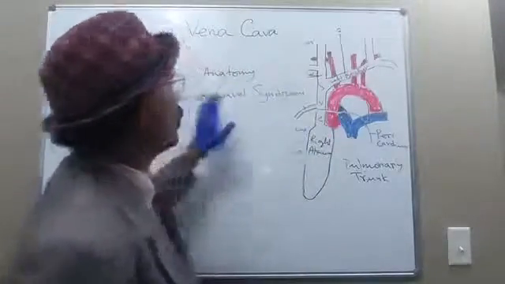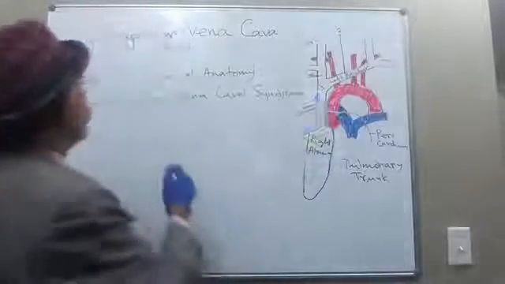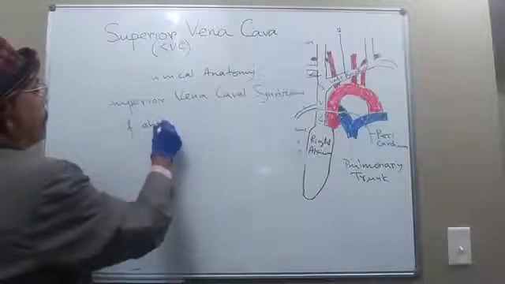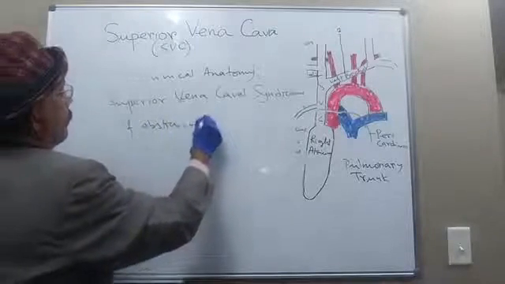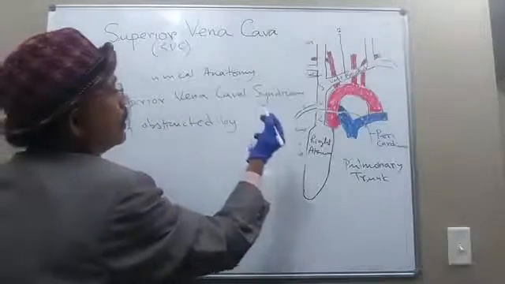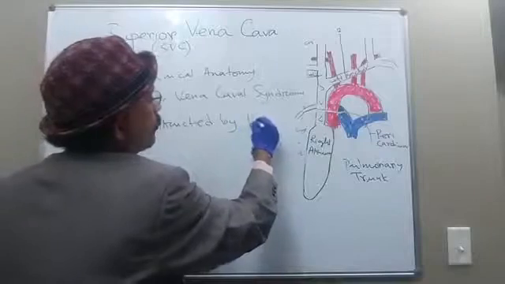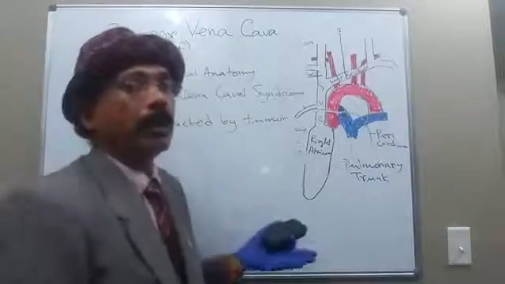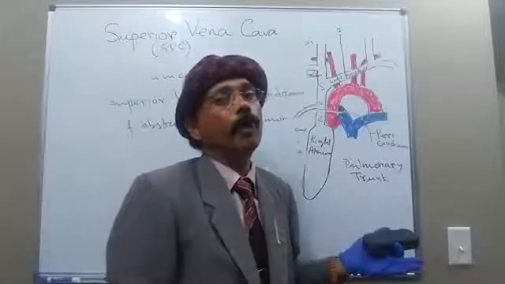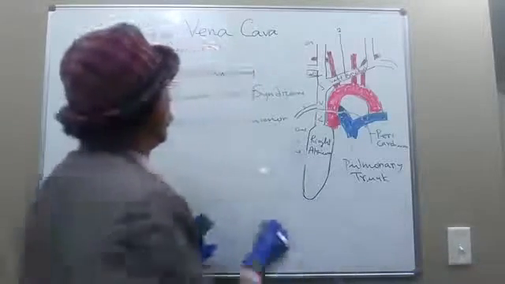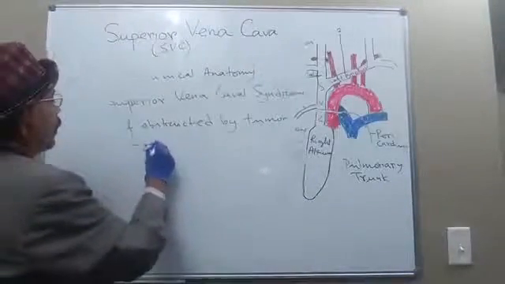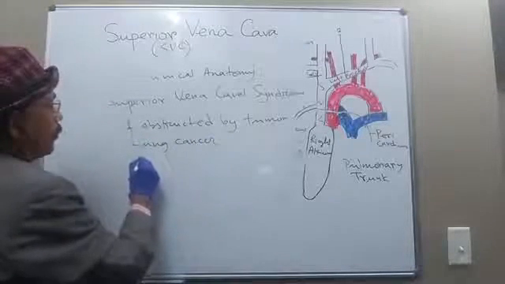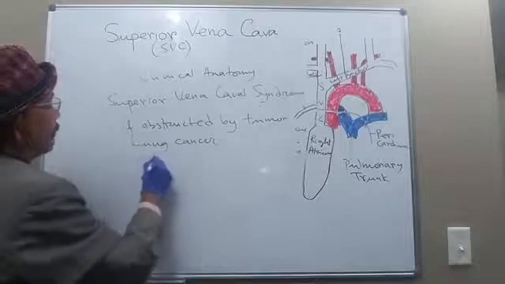So the superior vena cava may be obstructed by something like a tumor. Tumor means lung cancer, small cell lung cancer, or Hodgkin's lymphoma, or non-Hodgkin's lymphoma.